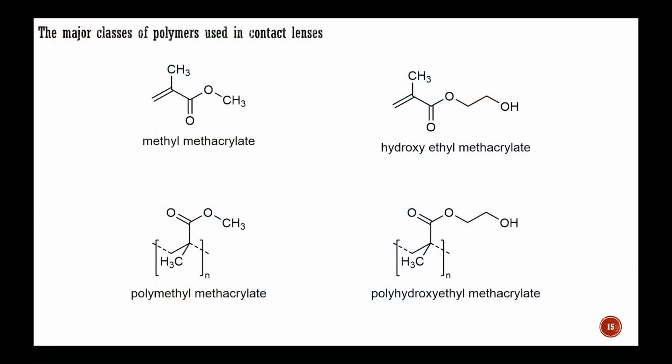The search for the perfect material has led scientists to explore several classes of polymers. For example, polymethyl methacrylate was one of the first plastics used for lenses due to its excellent clarity, even though its oxygen transmission is limited. Later, polyhydroxyethyl methacrylate was introduced to create softer, more flexible lenses that can absorb water and enhance comfort.